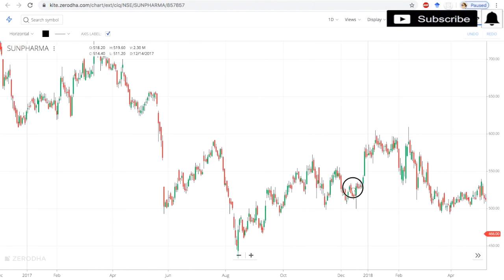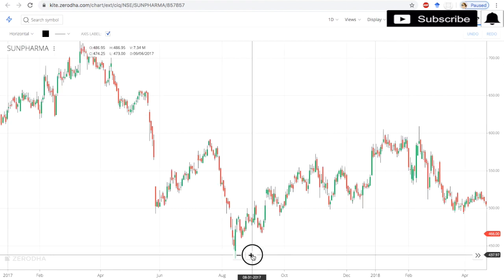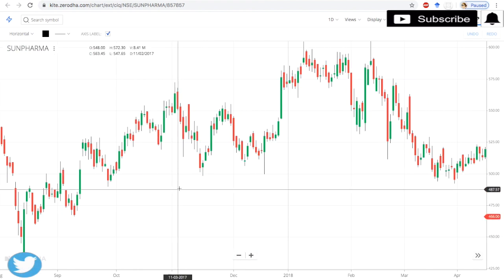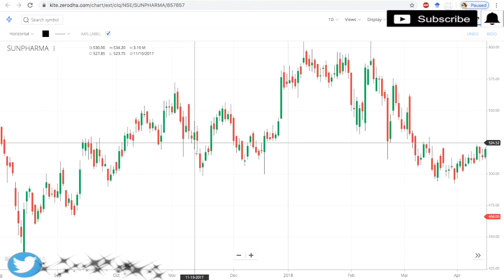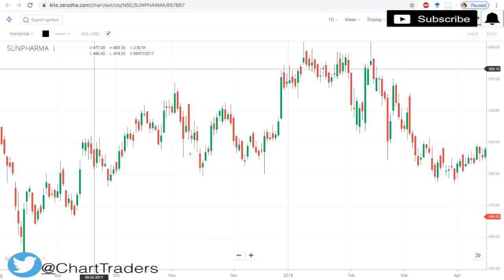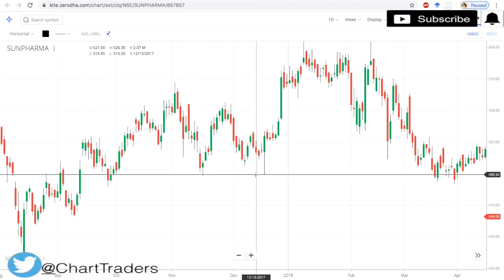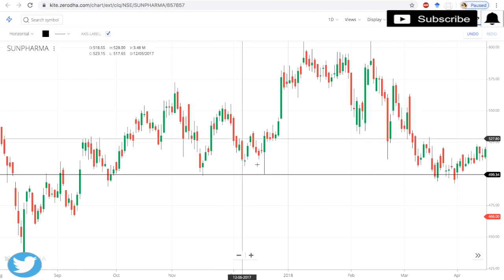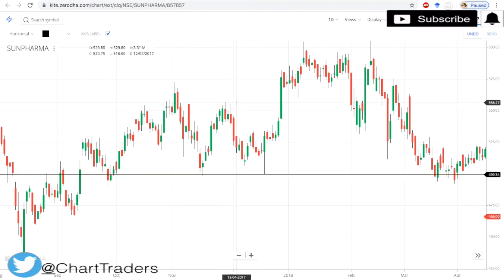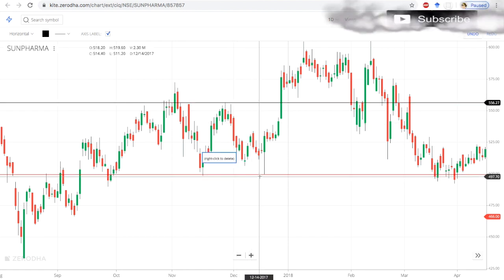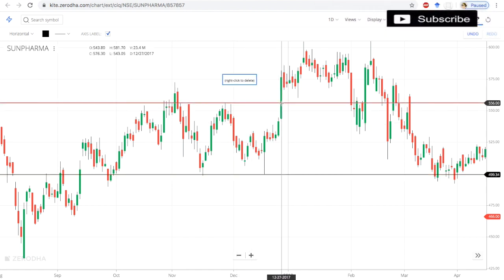Here, see, in Sun Pharma we have a down move taking support at this point. We have drawn this horizontal line, it moves up, again came down. So this is your neckline point, around 556. When this line is broken, you can take entry.